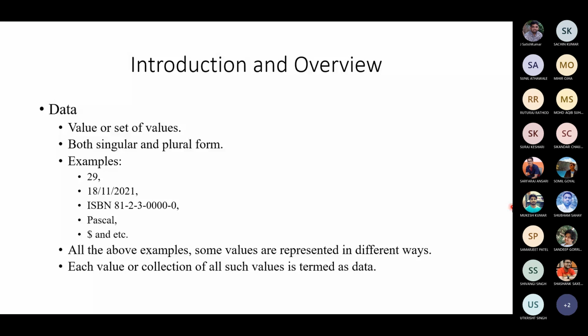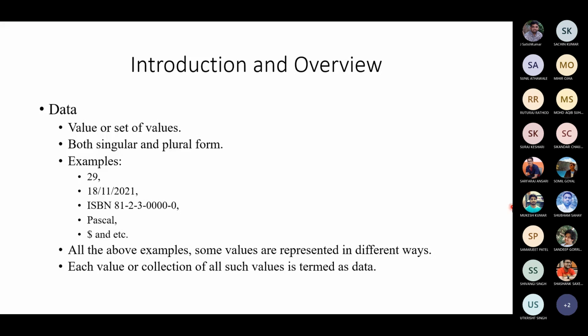So data could be any value or a set of values. It could be text or numeric or any other symbol, a group of strings, or a combination of anything. We can call those values or set of values data.